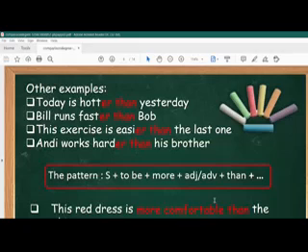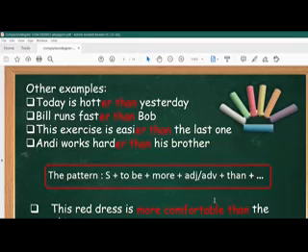And here the pattern is: subject, then the to-be verb, then "more", adjective or adverb, whichever is sitting there, and after that "than". So "more" and "than". When words are polysyllabic, to make a comparative you have to write "more", or "most" in the case of the superlative.